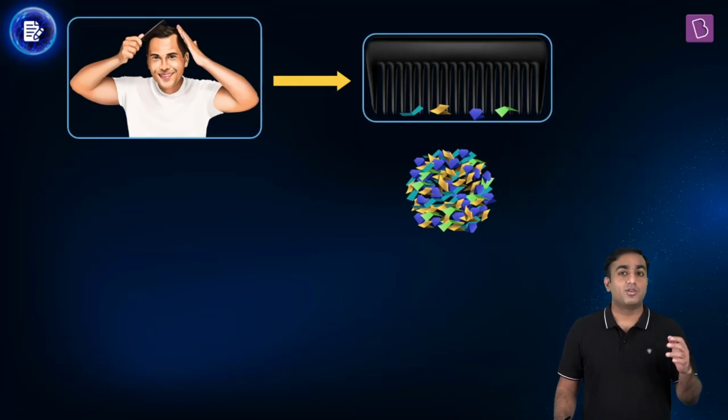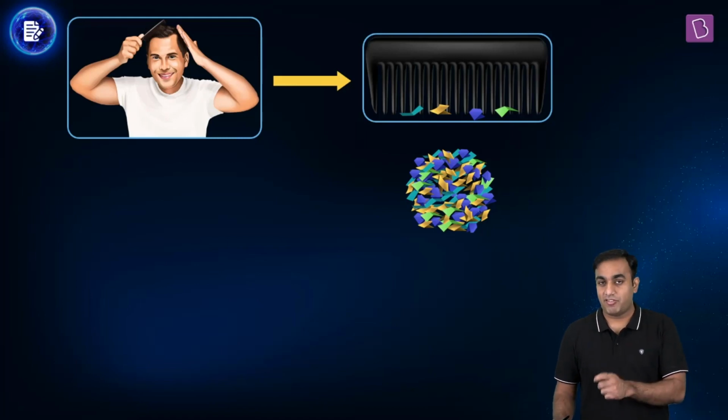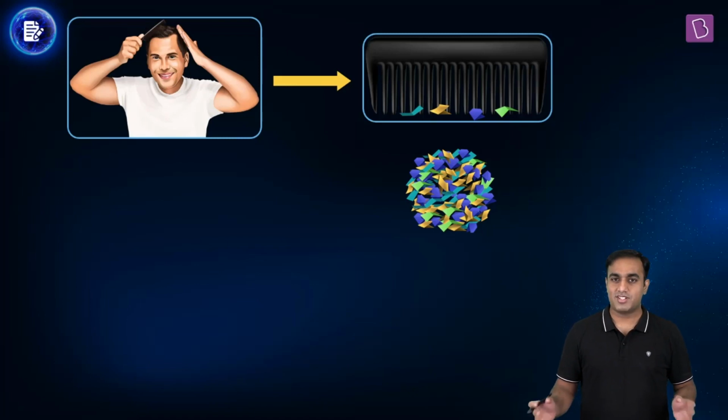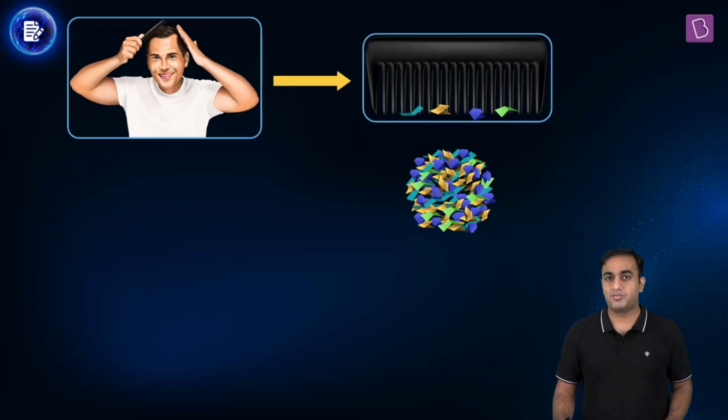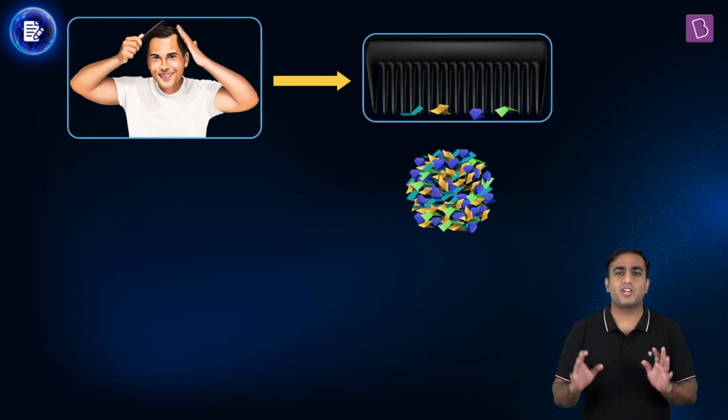So, the comb will become negatively charged, leaving behind effectively a positive charge on the hair. What is happening here? In other words, redistribution of charge. Remember, in any charging process, the charge is neither created nor destroyed. It is simply redistributed. So now you know why does the comb get charged.